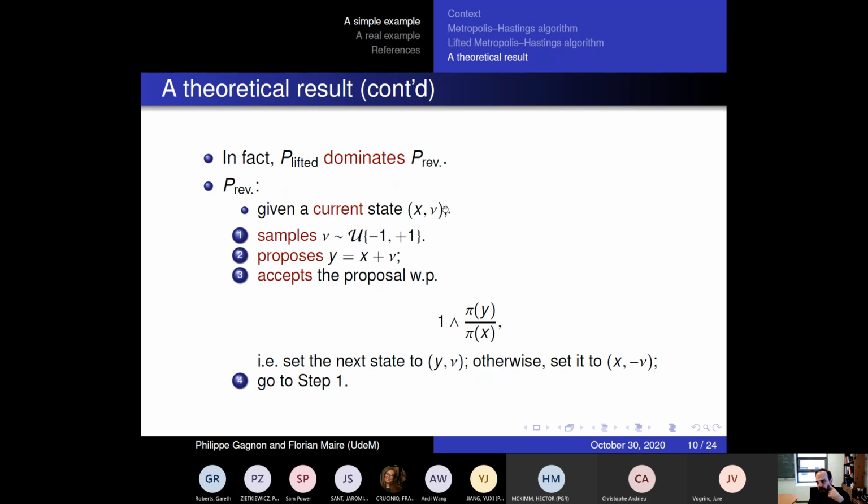So you could say, I will write this MH algorithm on an extended state space, even if it doesn't change anything. And the lifted sampler is just forgetting to refresh the direction.